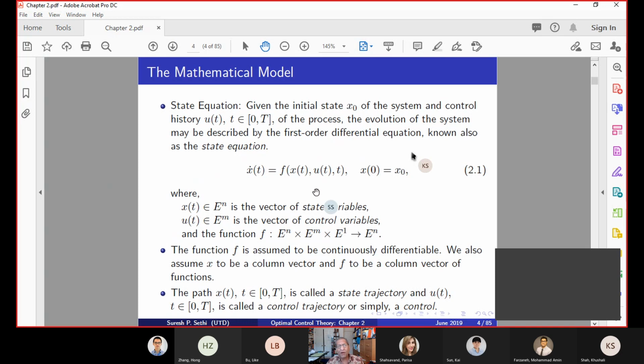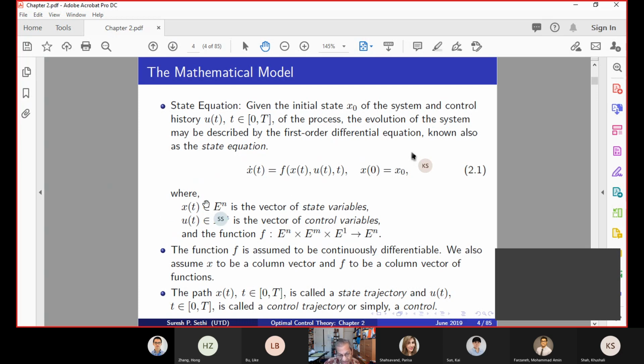I'm going to define the problem in vector form, but you should always think that everything is scalar, because almost everything that works in scalar works almost the same in vector, except in some places you have to put transposes. So it's better not to bother too much with the vectors.